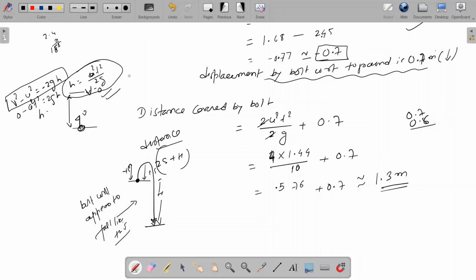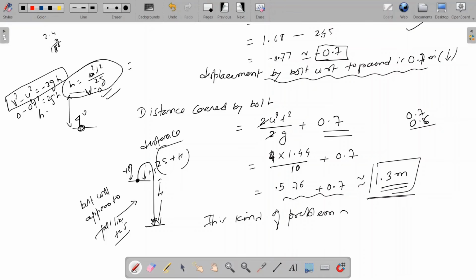Now, we add this upward distance to the downward distance traveled by the bolt. Using the values, elevator acceleration equals 1.2 meters per second squared, elevator height equals 2.7 meters, and the bolt is released after 2 seconds, we can substitute the values and obtain the final results.